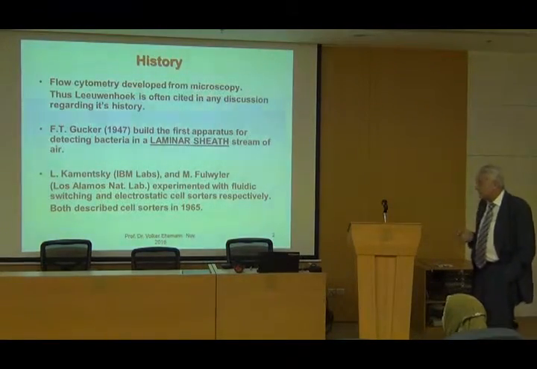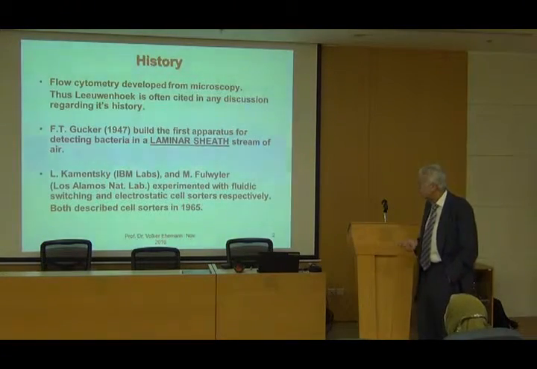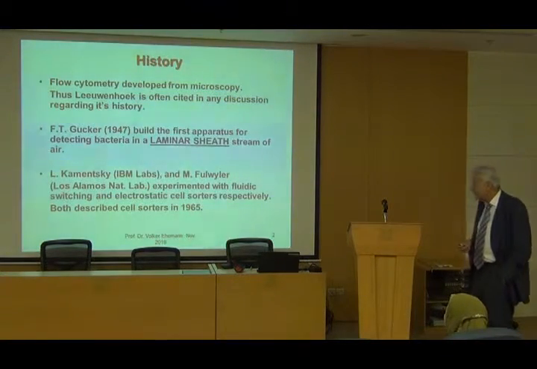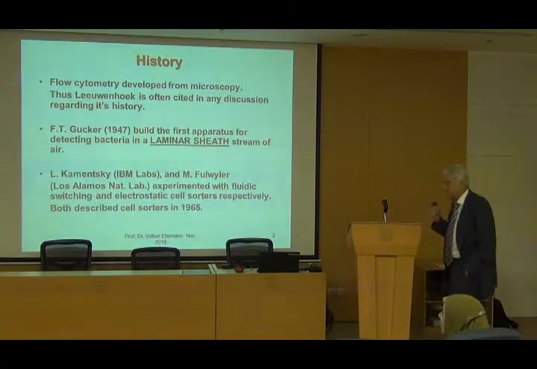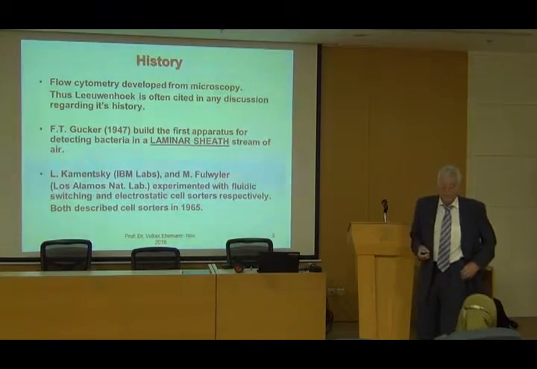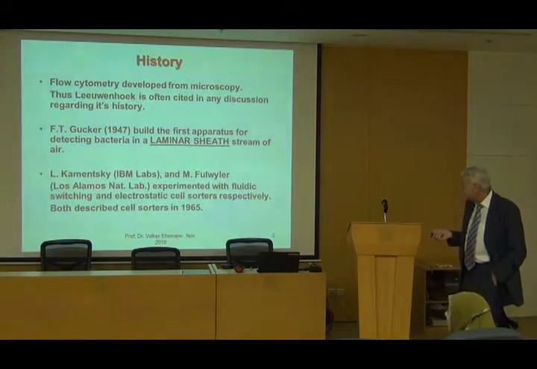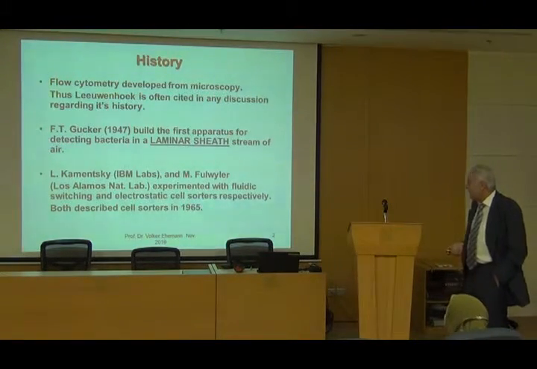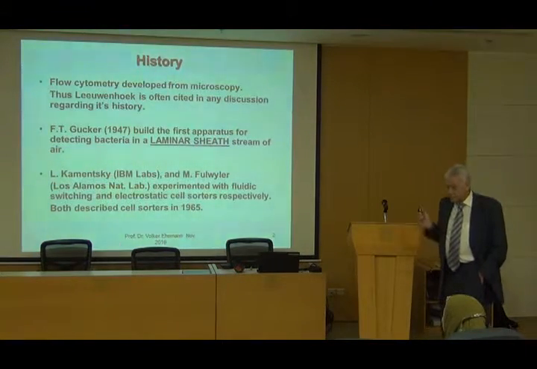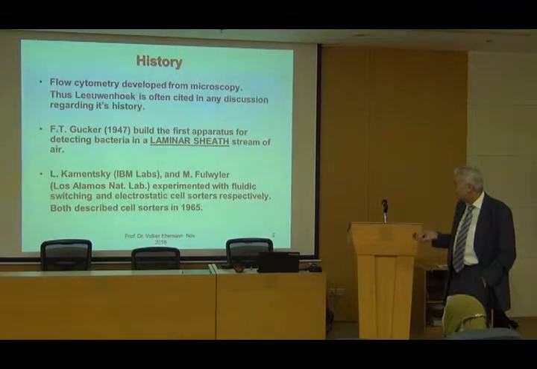Flow cytometry was developed from normal microscopy. In 1947, the first prototype of a flow cytometer was built. Kaminsky and Fulwyler built the first flow cytometer and also a cell sorter in 1965.